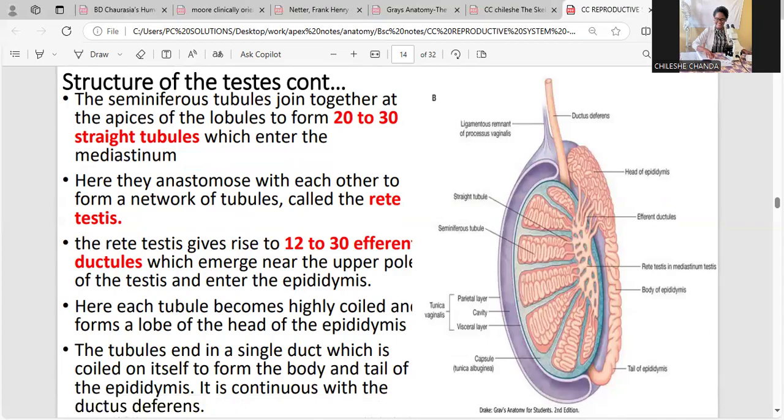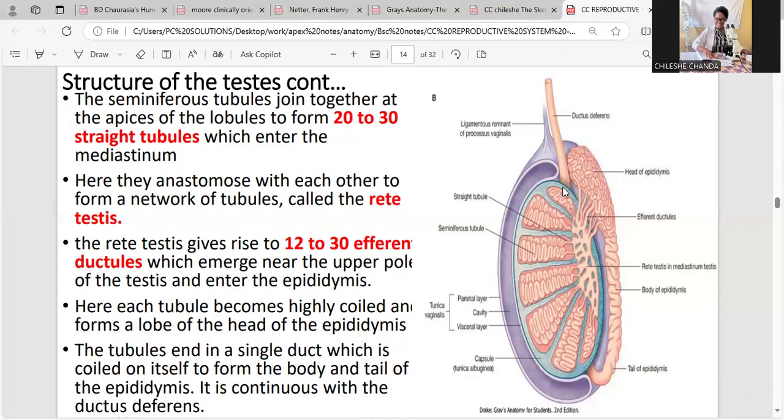They form what is known as the duct of the epididymis. So the epididymis has the head, the body, and then at the end we have the tail of the epididymis. The tail of the epididymis is connected to the vas deferens, also known as the ductus deferens. It passes behind and then enters the pelvic cavity.